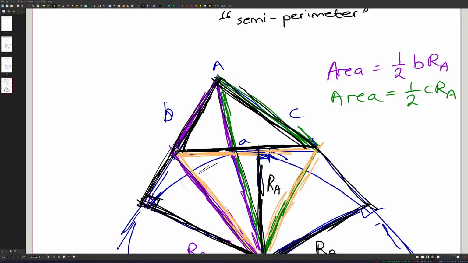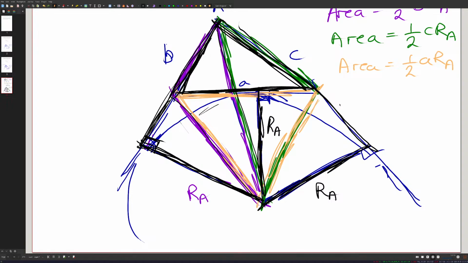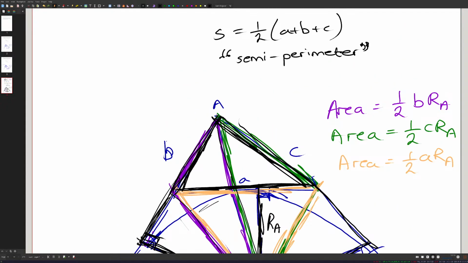And the area of orange is a half of A times RA. And so you get that the area of the triangle is going to be purple plus green minus orange. So the area is a half of RA times (B plus C minus A).